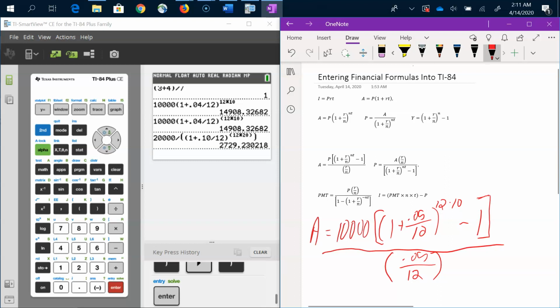Notice that in the denominator I've got a complicated expression, and the numerator I've got a really complicated expression, so the numerator is going to be protected by parentheses, and so is the denominator.